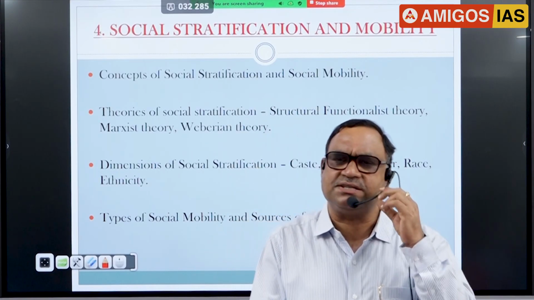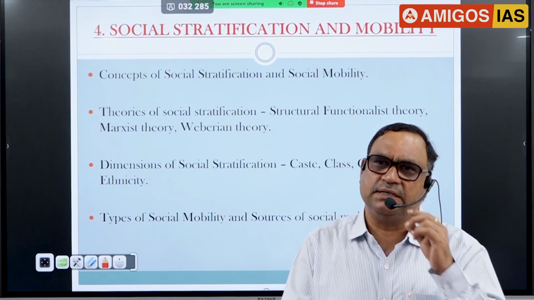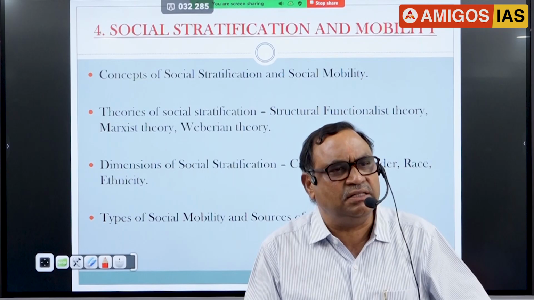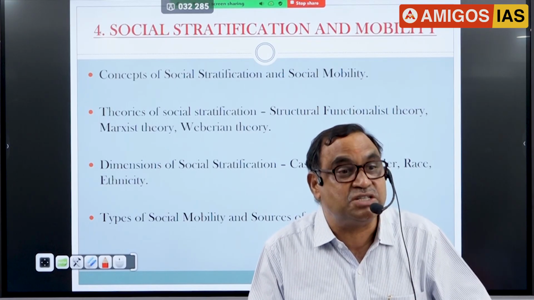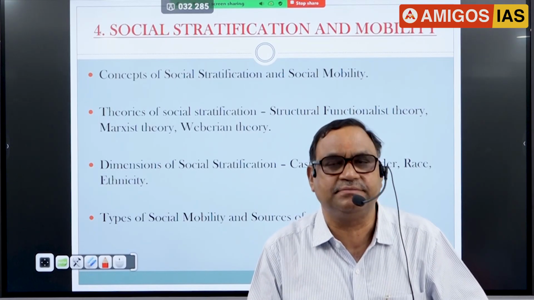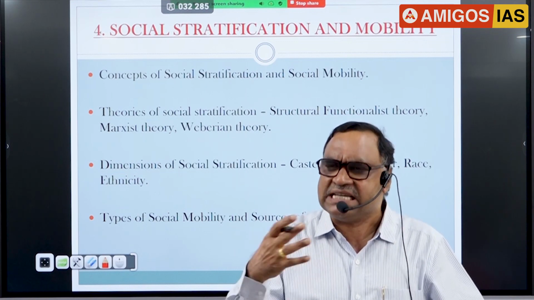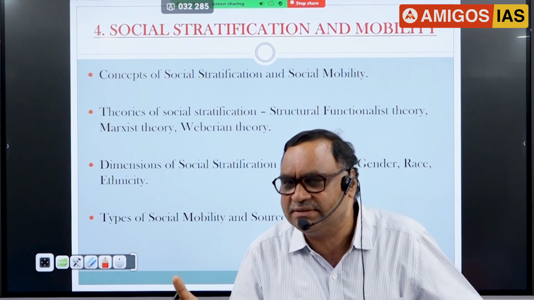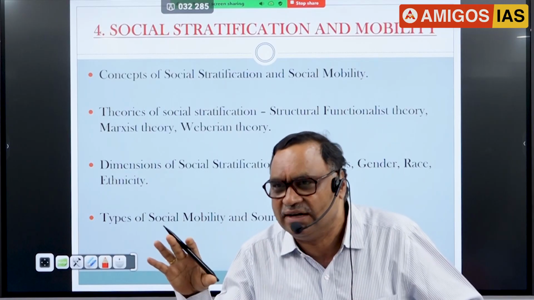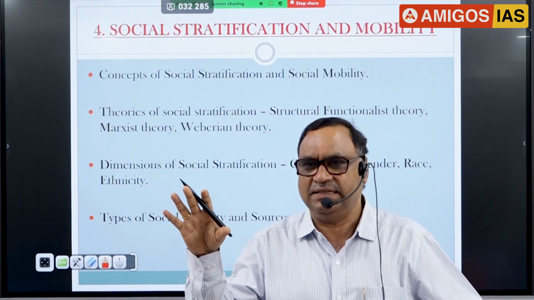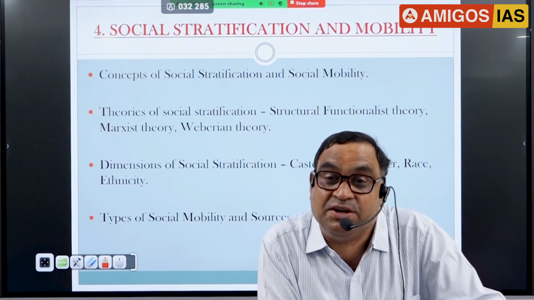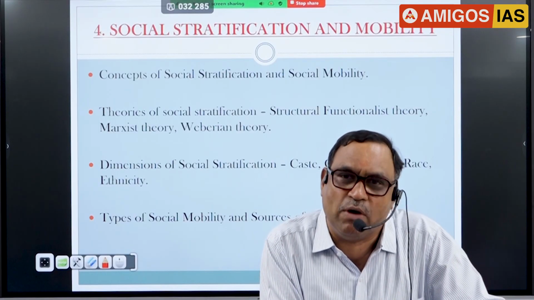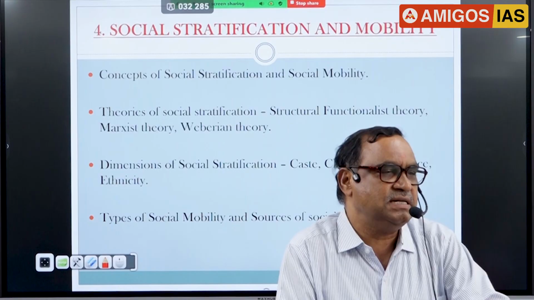According to sociologists, there is no society on the earth where there is no social inequality. Most of the time we say that all human beings are equal, but all are never equal. Right? The basic nature of the society is social differentiation and social inequality.